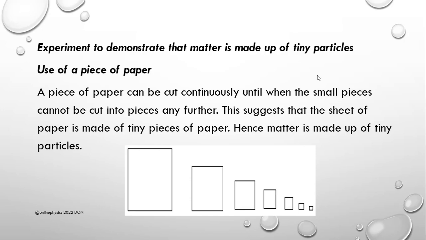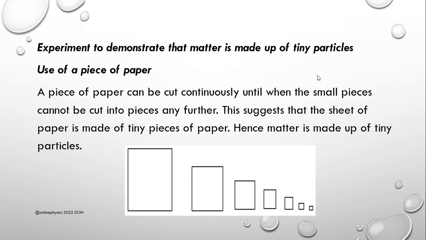So we want to move to the first experiment to determine that indeed matter is made up of tiny particles. Our first experiment uses a small piece of paper, which we are going to subdivide continuously, and then we'll see whether we get to the tiniest particle.